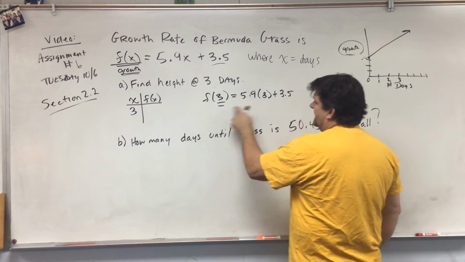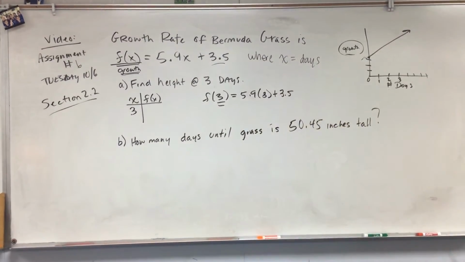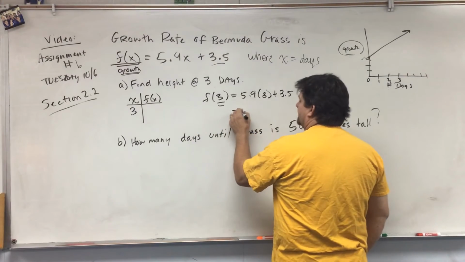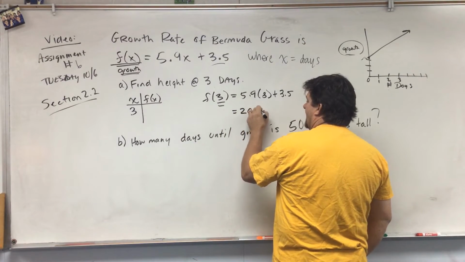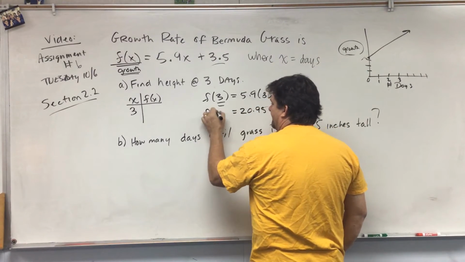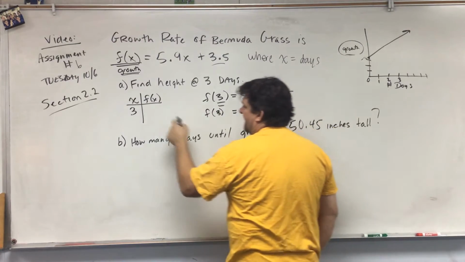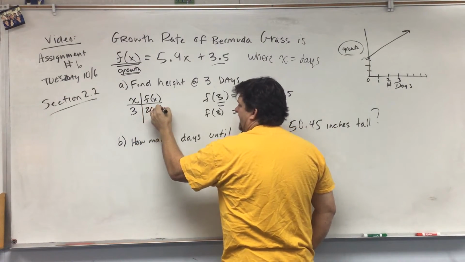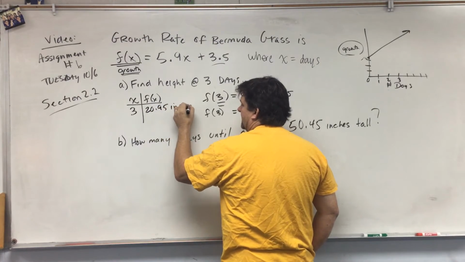So the height in 3 days will be, sorry, I don't have my calculator, guys. I'll have to go look at it. 20.95. So f of 3 is 20.95, meaning if I put in this x, I get out 20.95 inches.